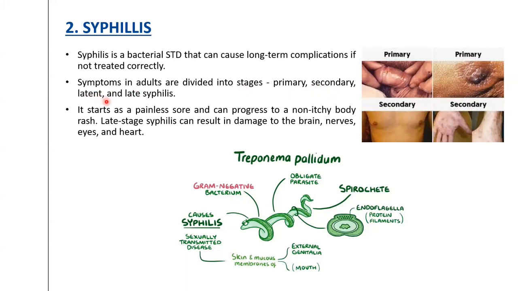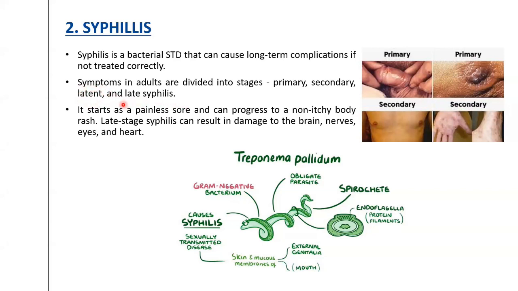Latent is the stage in which bacteria get into the body of the person but do not show any symptoms, and stay latent until the person gets immunocompromised or gets another infection like HIV that ruins the immune system. Then this latent syphilis becomes very obvious and causes infection.